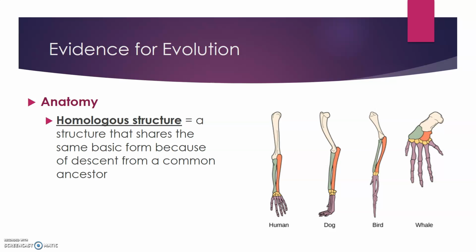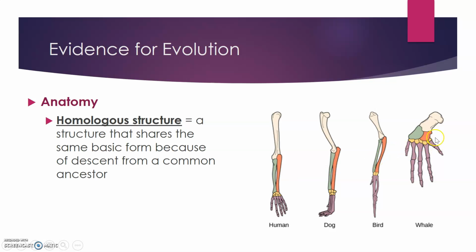And these similar structures that have similar shapes and functions are another piece of evidence for evolution from basically a more primitive life form in the form of a whale to birds to dogs and humans. And these structures have been retained and modified slightly through evolution, right?